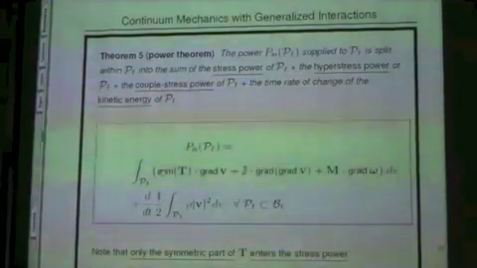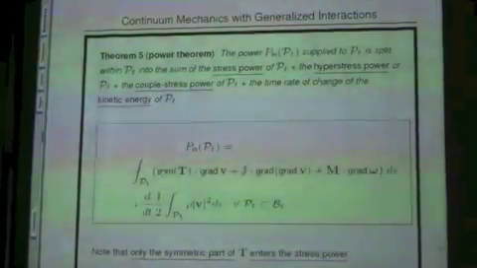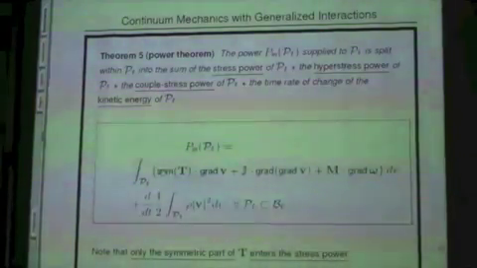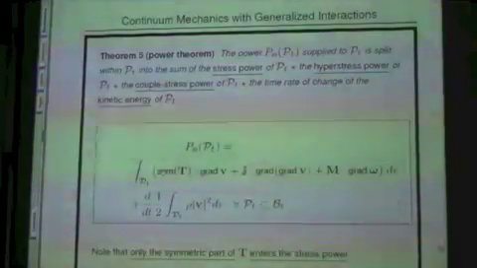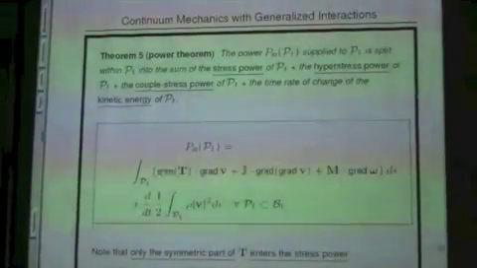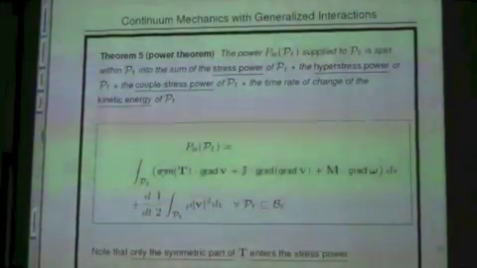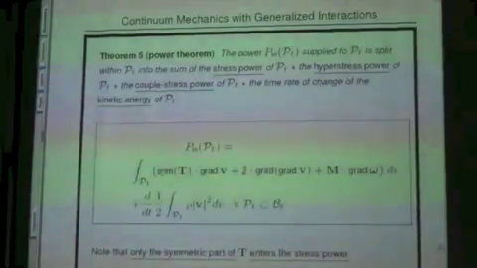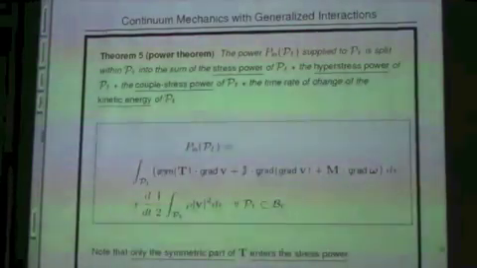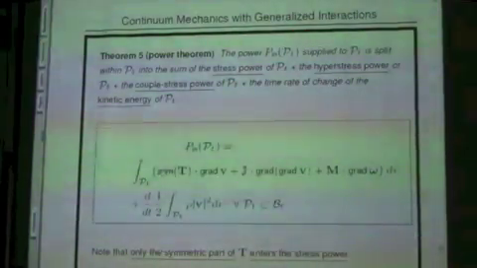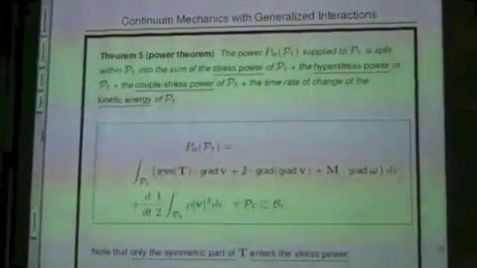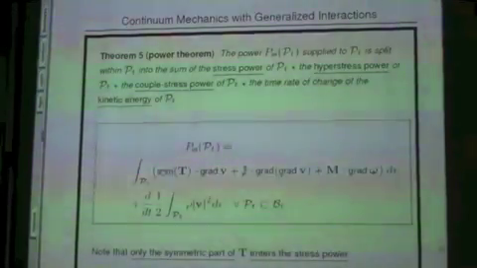Okay? I don't know how to get that off of there, but there. Well, the first term is the symmetric part of T. The symmetric part of T shows up now in this. It comes in in the proof of the theorem. Symmetric part of T, inner product with the gradient of V, or you could say the symmetric part of the gradient of V, which in continuum mechanics is called the stretching tensor. Then there is this J, inner product grad V. It just comes out of using divergence theorems and proving this theorem.